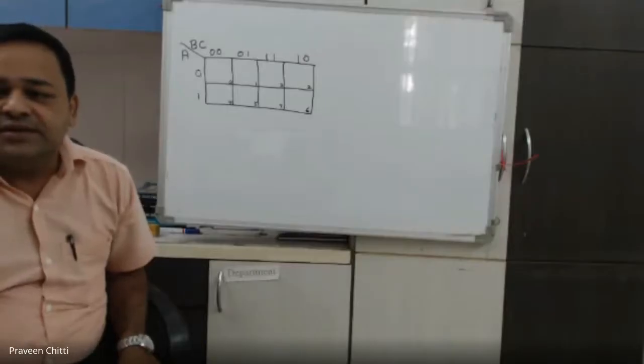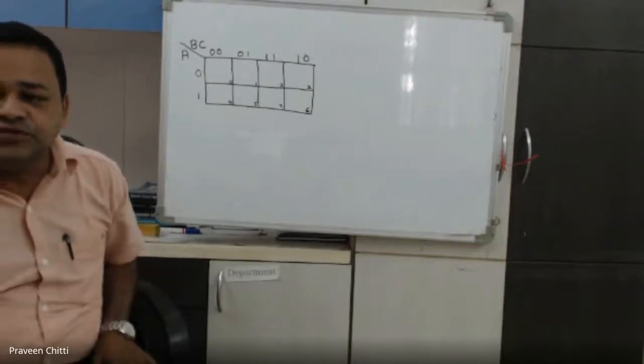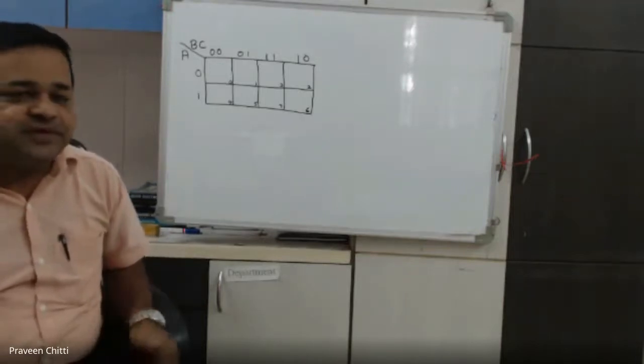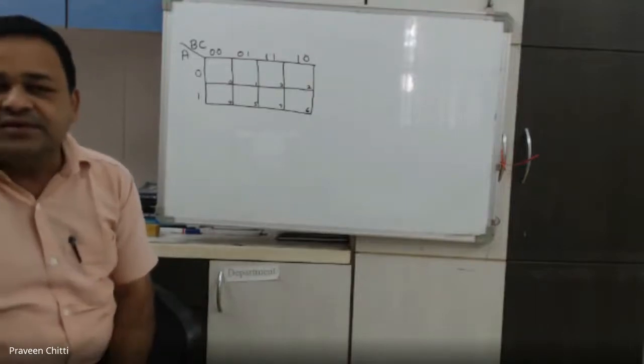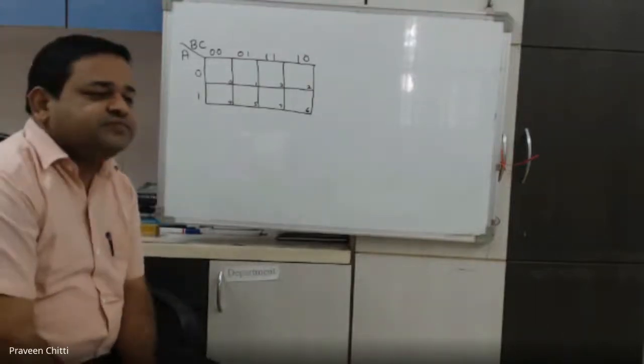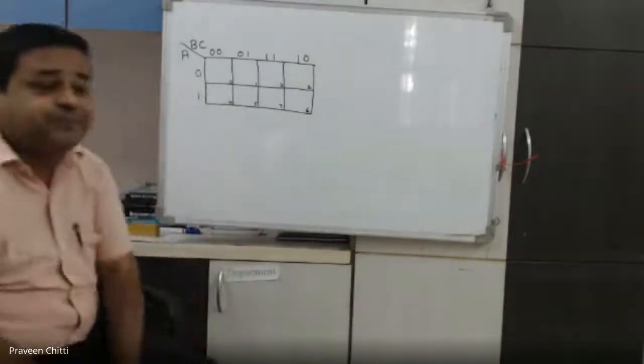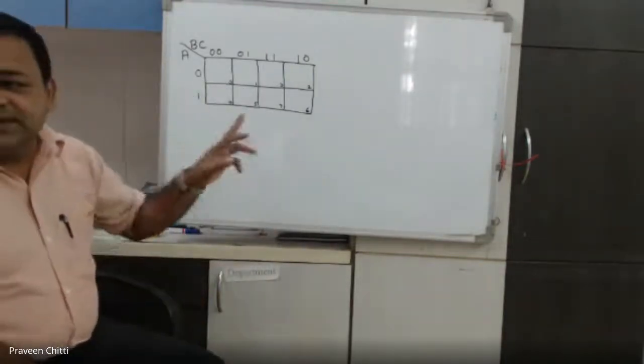If you are using your mobile, you can zoom it. If you are using a laptop, there is no issue at all. It will be clearly visible, I guess. Is that clear? Any difficulty here?